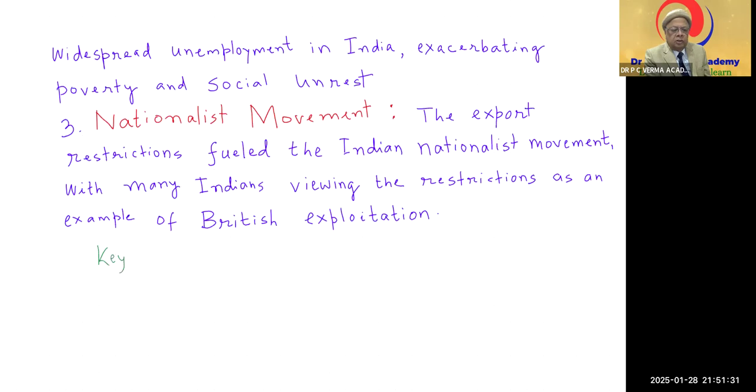Key events during 1928 to 1932 in British India.